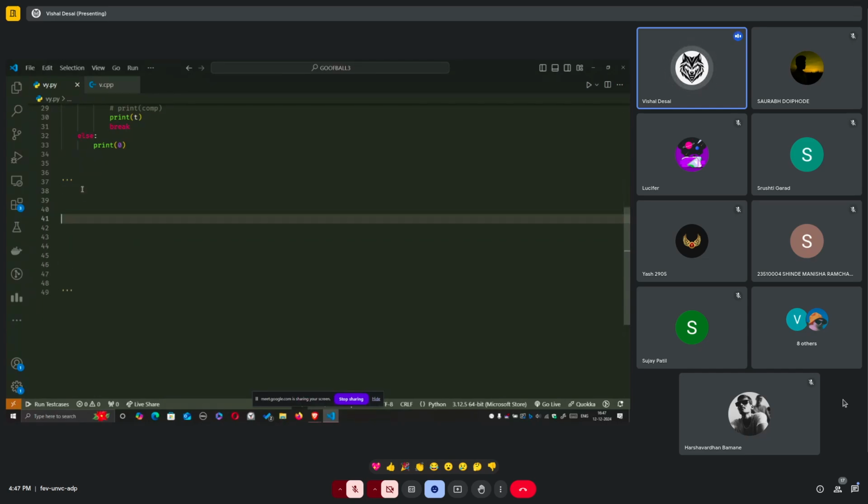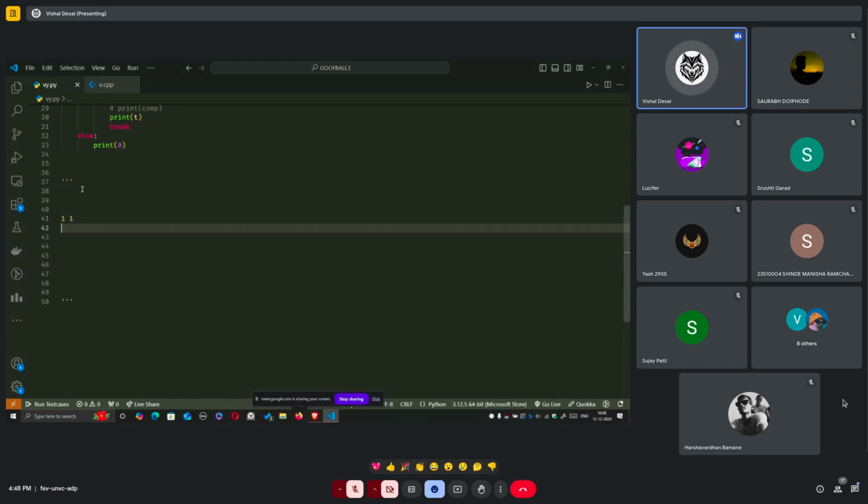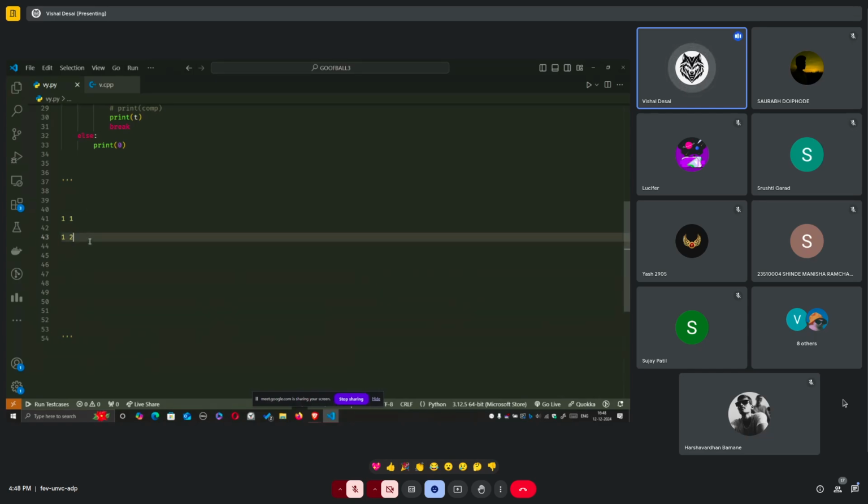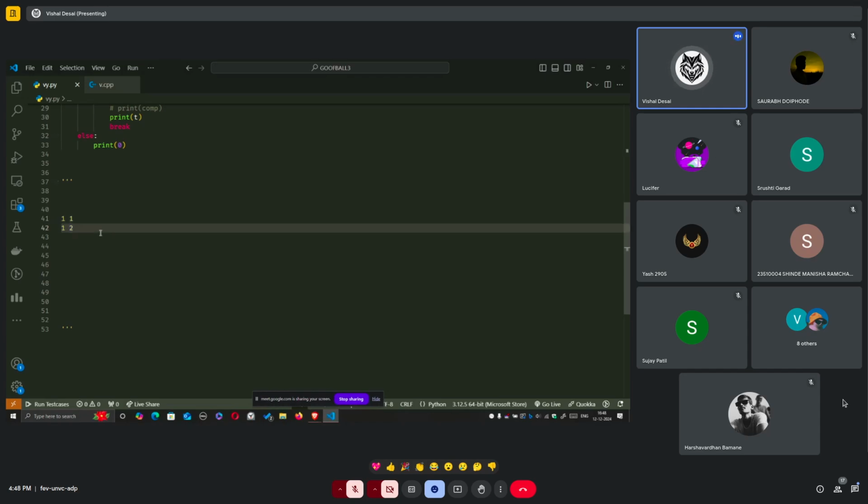Let's say I have points (1, 1) and (1, 2). What will be the distance between them? Guys, please. What will be the distance between these 2 points? It's simple.